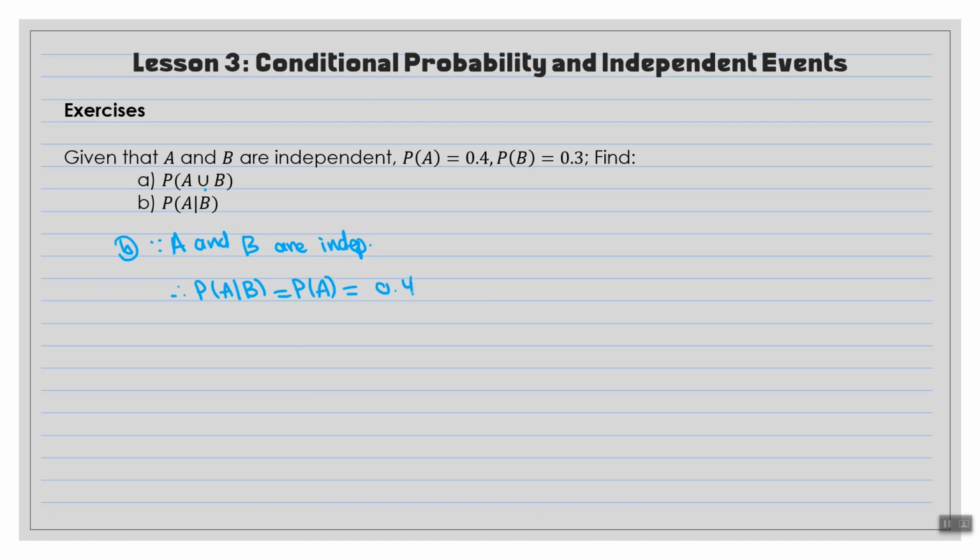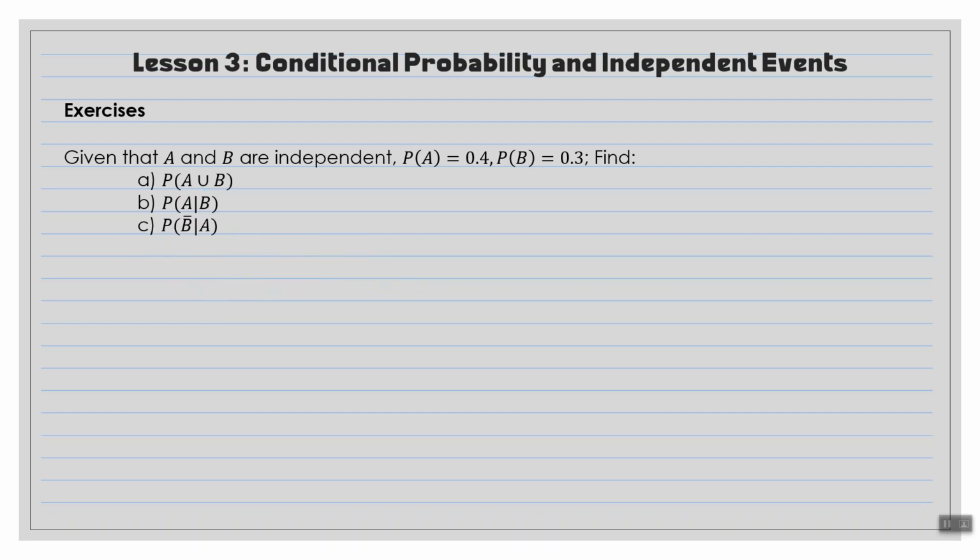And that's it, I don't need to solve further. You can use the formula, which is probability of AB over probability of B, but it really does not matter because you will eventually end up with the same answer. So if they're independent, then A condition B is A.